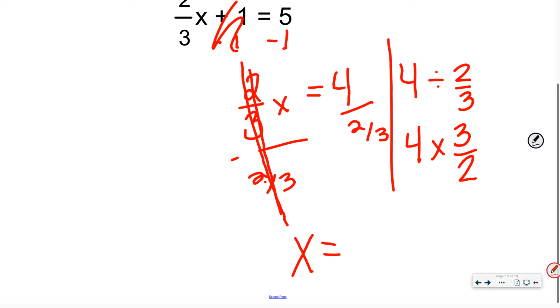Dividing by a fraction is the same as multiplying by its reciprocal. So notice that now we took the idea of solving an equation and we threw in one little wrinkle, something that you've learned prior that we want to pull back in. 4 times 3/2 is what? Go ahead, Leo. 12 over 2, which simplifies to 6.